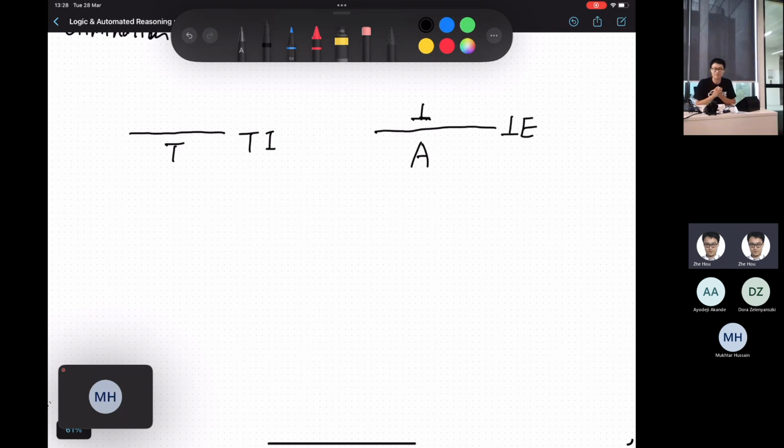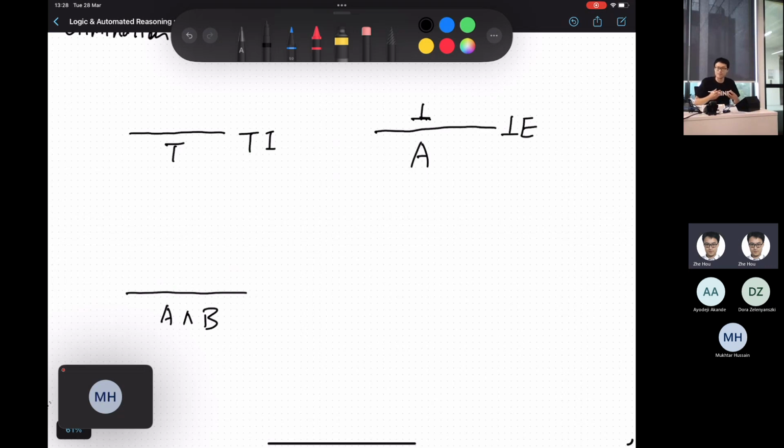Let's have a look at another easy example. So let's have a look at logical connective AND. So again, we go with introduction. The introduction says there's some premises, but in the conclusion we want to conclude A and B, right?